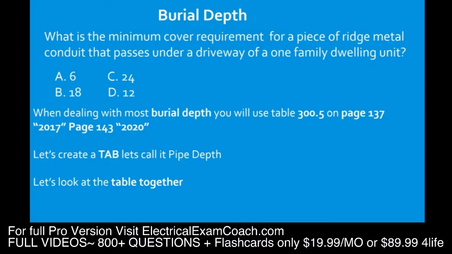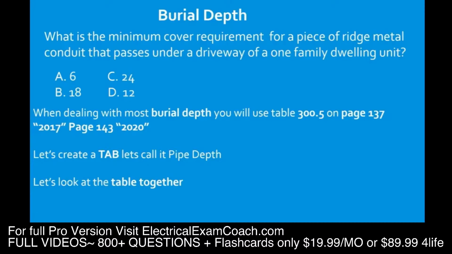I do want to note, if your area is not mentioned specifically in the lower part of this table, the first one that you come to there on the left-hand side says all locations not specified below. So if your location is not specifically specified below, you're literally going to use the catch-all area that says all locations not specified below, and then come over and tee off with the respective depth.